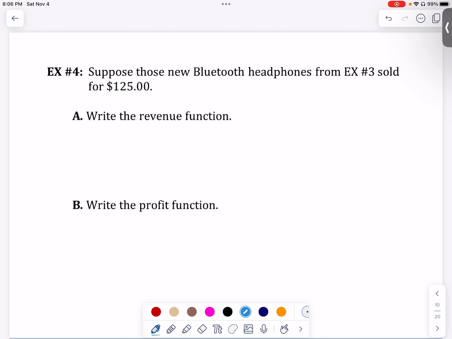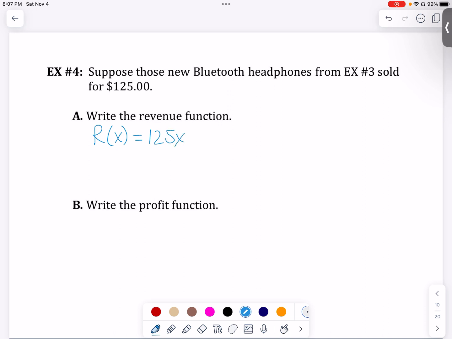Okay, so if we go back to that last example, we're continuing it on here, and we're going to talk a little bit more in context. So first of all, we want to write a revenue function. If they're selling for $125 each, we'd say R of x is 125x.